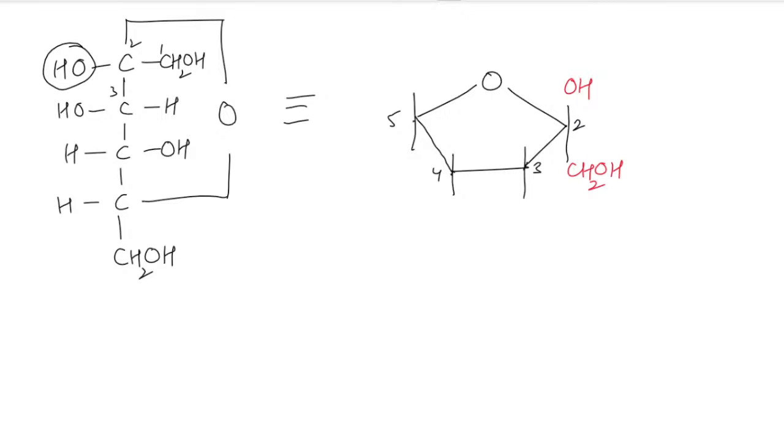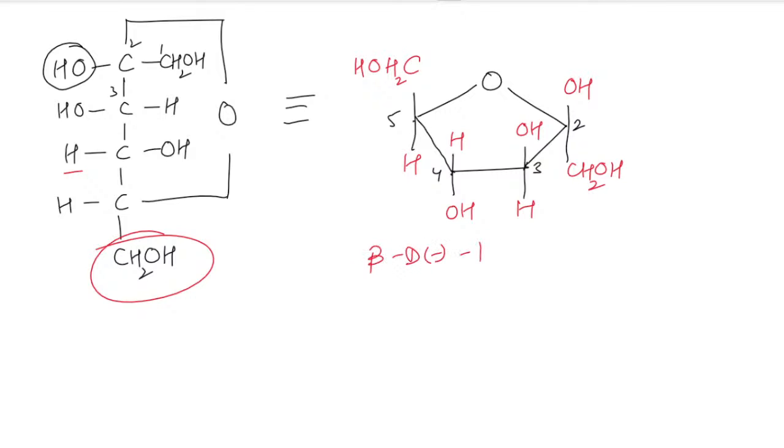Then OH, H, fourth H, OH, and last carbon is always at the top, CH2OH and H. So this is called beta D negative fructofuranose.